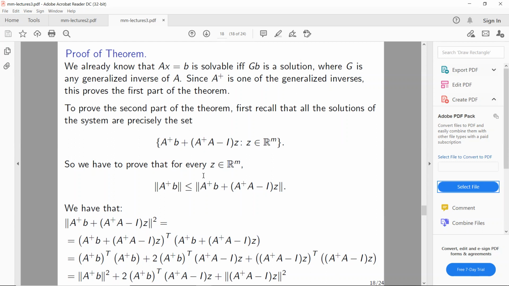What I notice in the third line is that the first summand is just the norm squared of A plus B, and the third summand is the norm squared of A plus A minus identity Z. In the middle, I get this real number, A plus B transpose times A plus A minus identity. What I want to show is that the sum of those 3 summands is bigger than the first summand, so this sum should be bigger than the norm of A plus B squared.